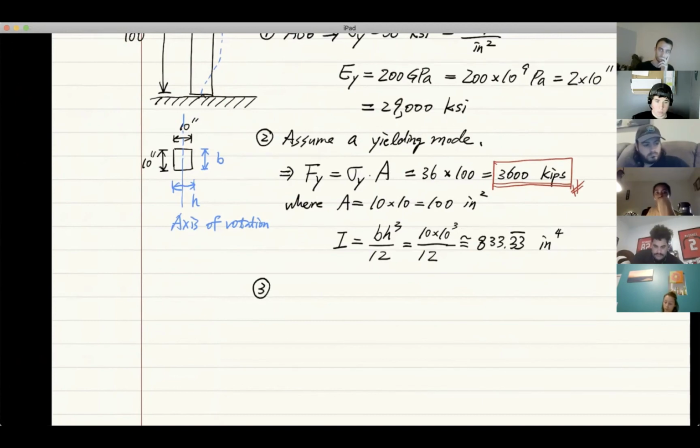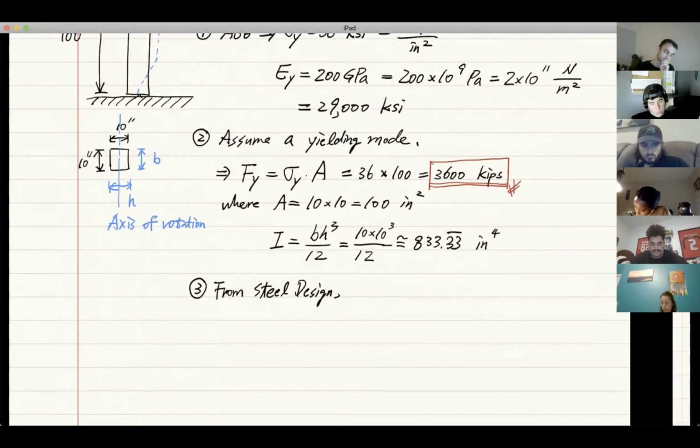We're going to say from steel design, we have this equation: critical load PCR, or we call it buckling load, equals pi squared times EI divided by L squared. And pi is, of course, the circle pi.